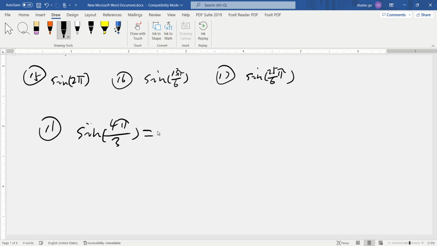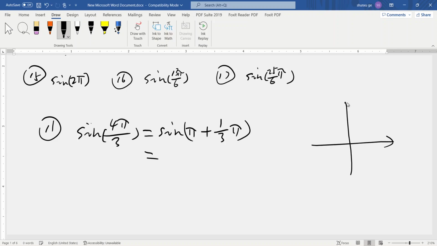So equal sin pi plus 1 over 3 pi. So same, write the coordinate. Graph that here. Pi, this is the starting side, this is pi over 3.